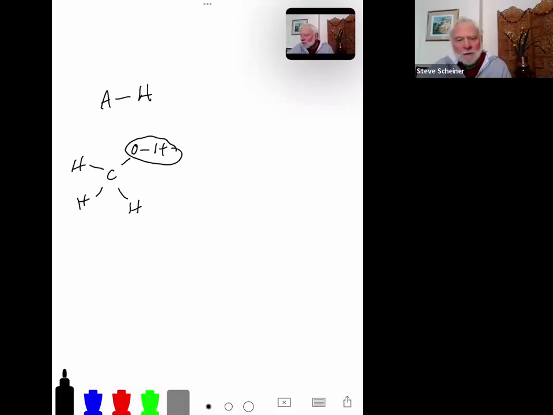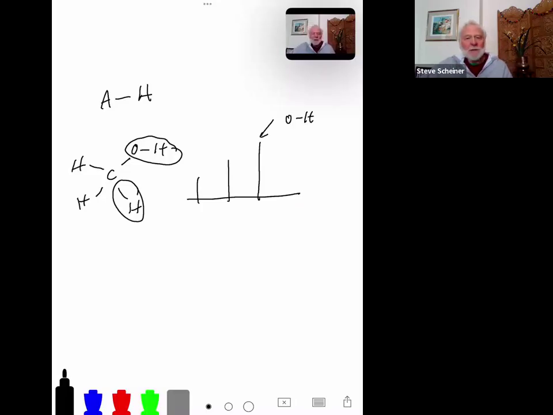This stretch is frequently coupled with other stretches. So when you look at the IR spectrum, you see lines, but it's hard to say that this one, for example, is a pure OH stretch.